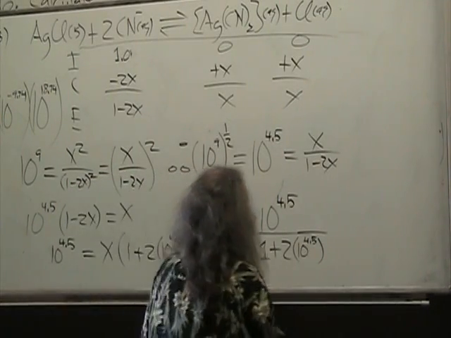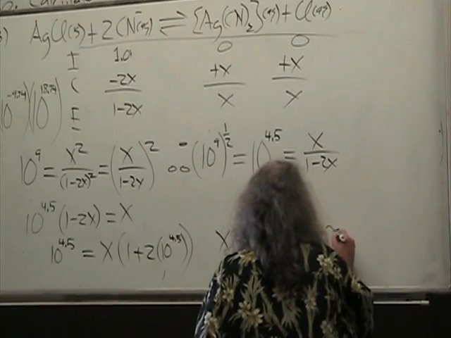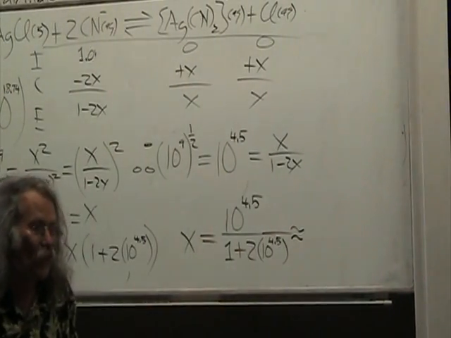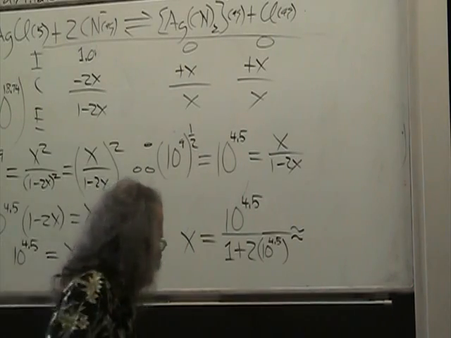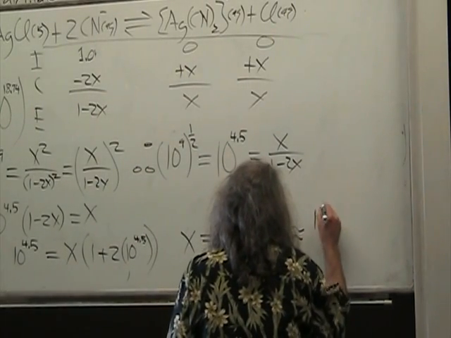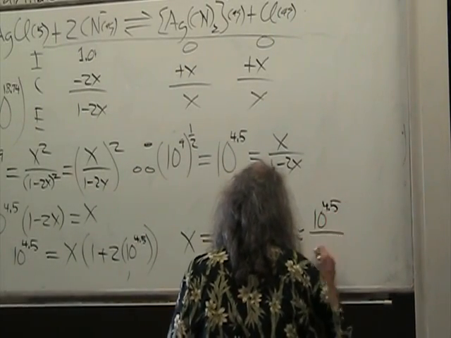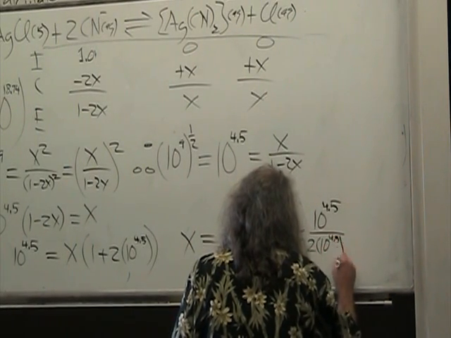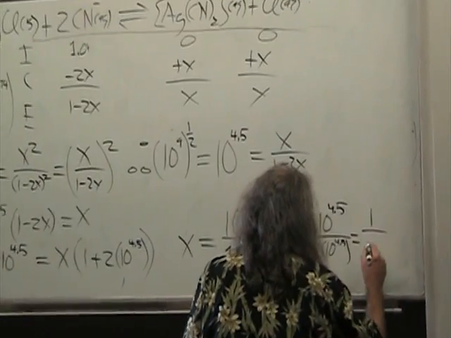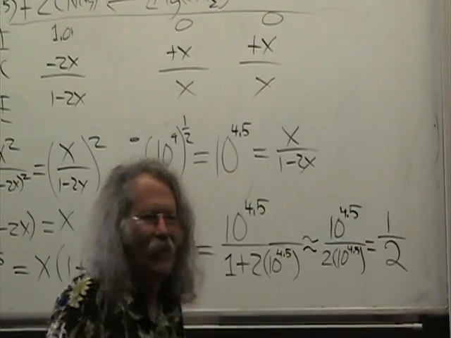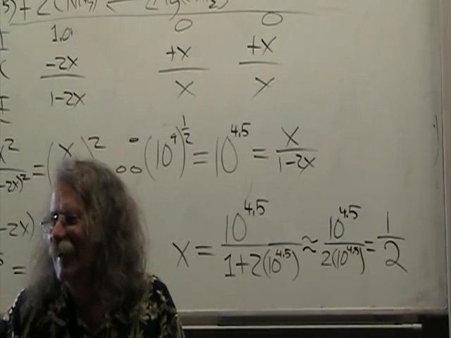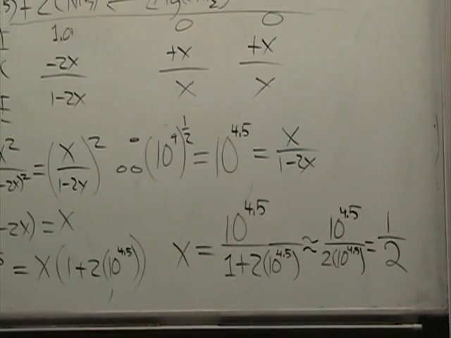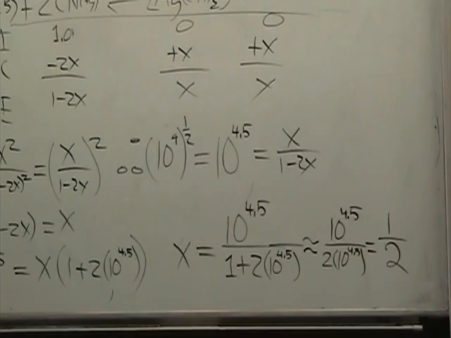So this is not even almost equal to, it's really as close as we're ever going to get to 10 to the 4.5 divided by 2 times 10 to the 4.5 equals 1/5. Wasn't that nice? That was easy. Oh, this makes life so much easier.